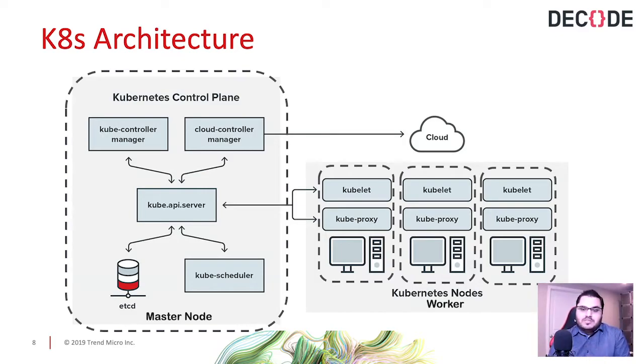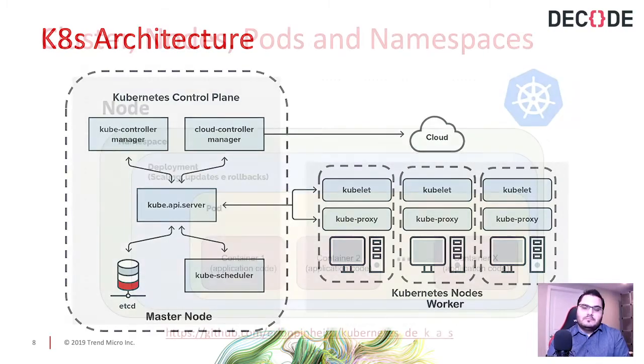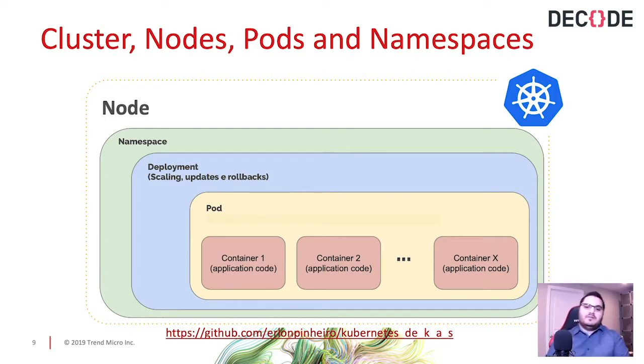Okay, so this is a high level of the Kubernetes architecture, and next we're gonna see a little bit about the objects and some components that can be created inside your cluster. So here we have the cluster, nodes, pods, and namespaces, right?